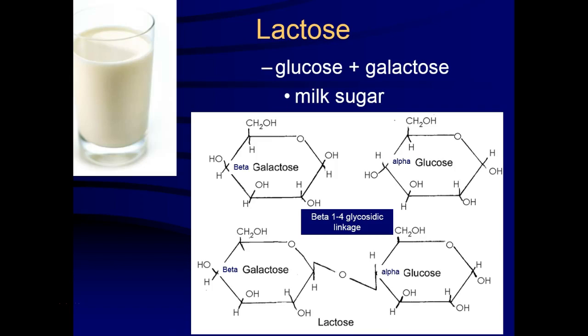Now, you'll notice that the bond looks a little weird. It looks like an N. That is a standard way to show you that in real life, when these things bond, the second molecule, the second monosaccharide, in this case alpha glucose, is going to be upside down.